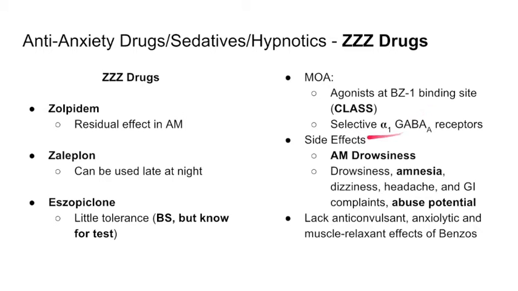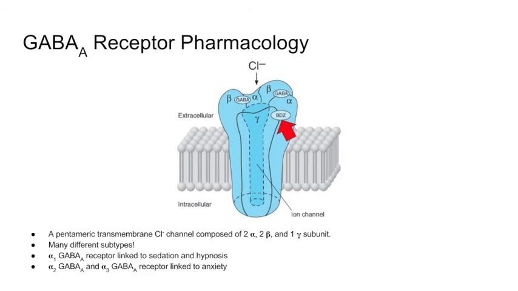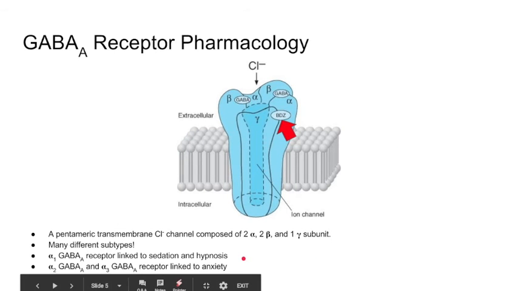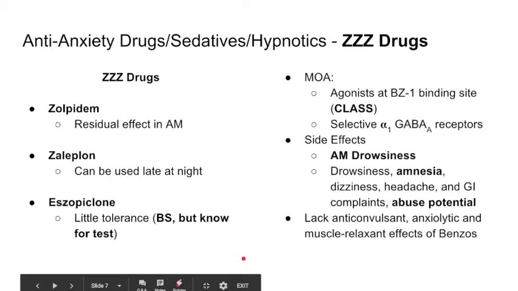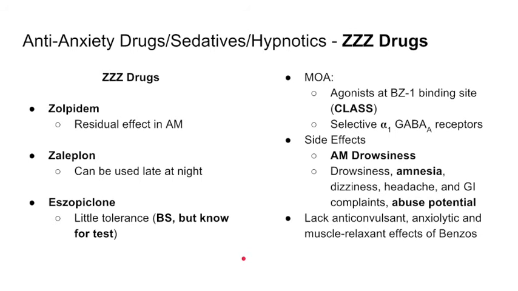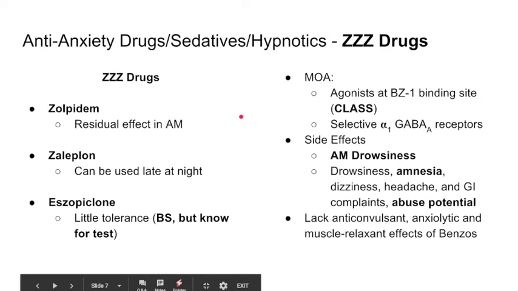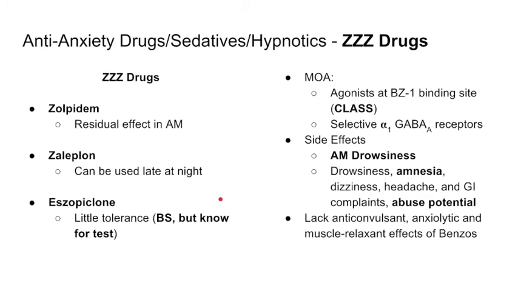However, they are actually able to selectively activate the alpha-1 GABAA receptor, which, as I talked about before, is only linked to sedation and hypnosis. So we're just targeting sedation and hypnosis. We have zolpidem, we have zaleplon, and then we have eszopiclone. I can't pronounce this one. Eszopiclone, whatever.